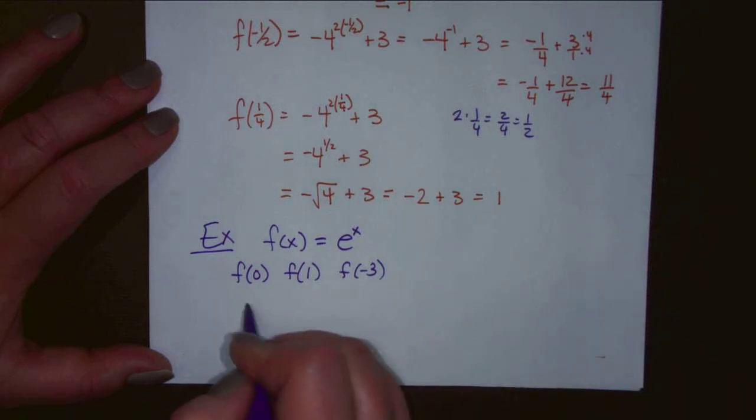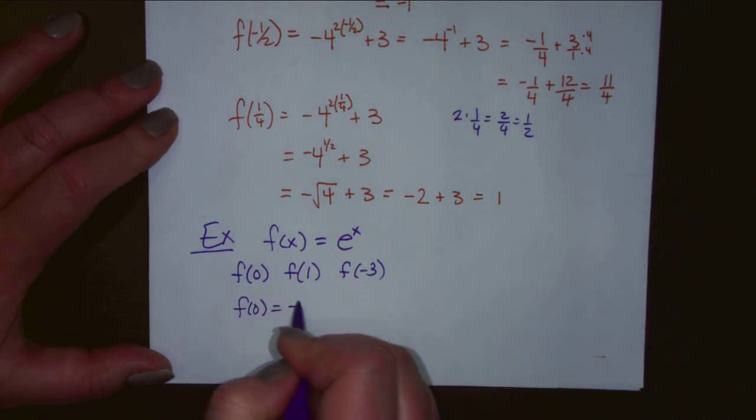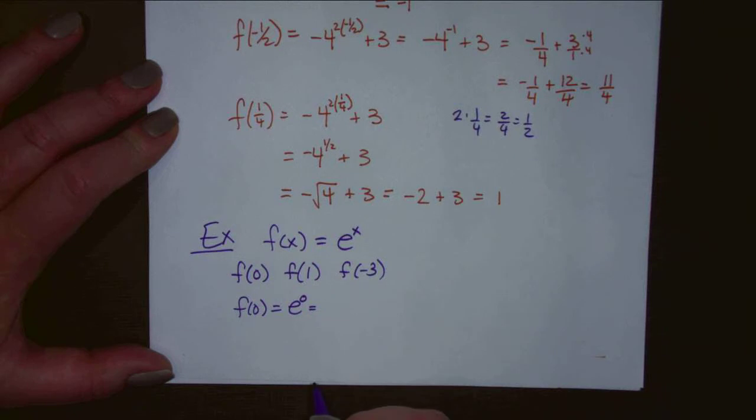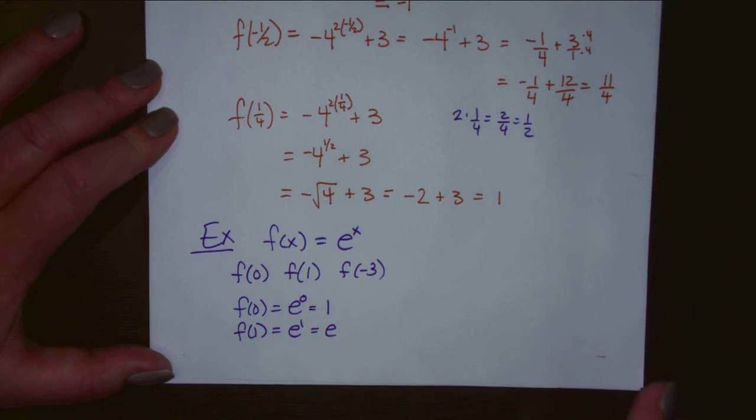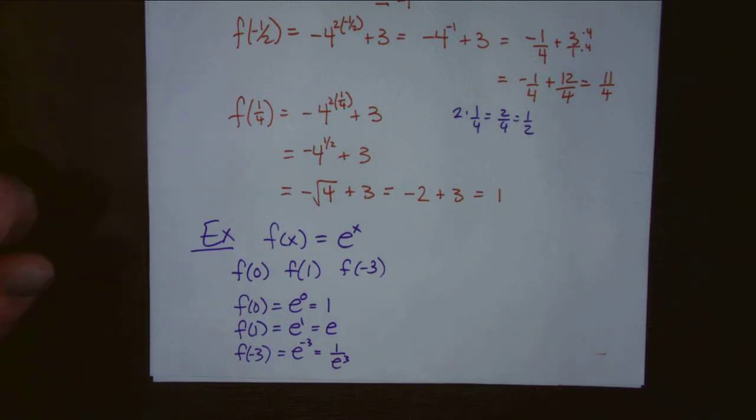So f of 0 is e to the 0, which is 1. F of 1 is e to the 1, and we just leave it like that, e. Nothing to do. And what about f of negative 3? It's 1 over e cubed, and you just leave it like that.